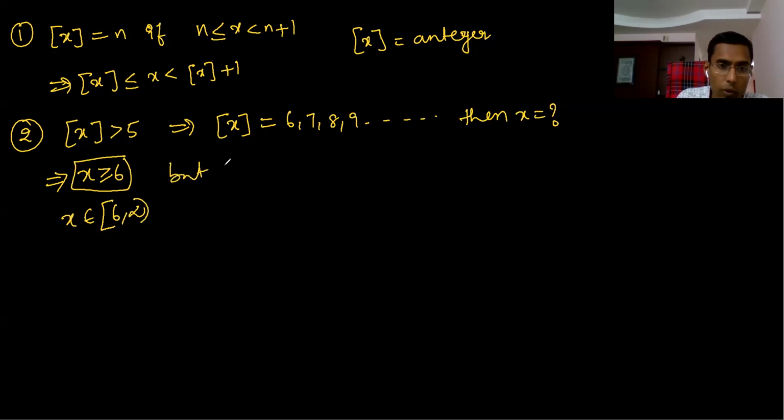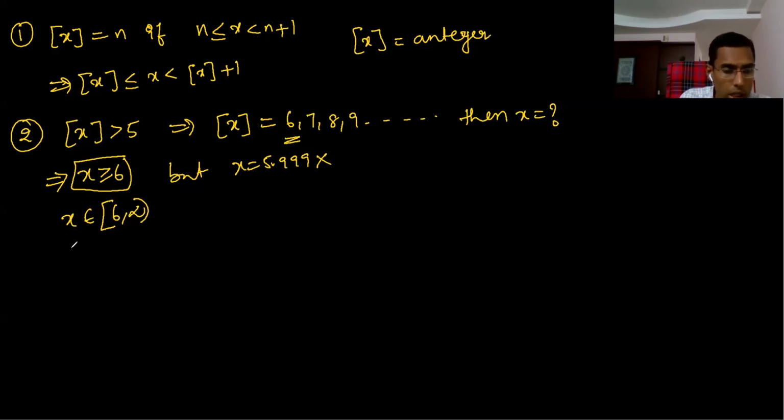If you take x equal to 5.999999, you get bracket x is 5, which is wrong. So you have to take either 6 or greater than 6. That's the answer.